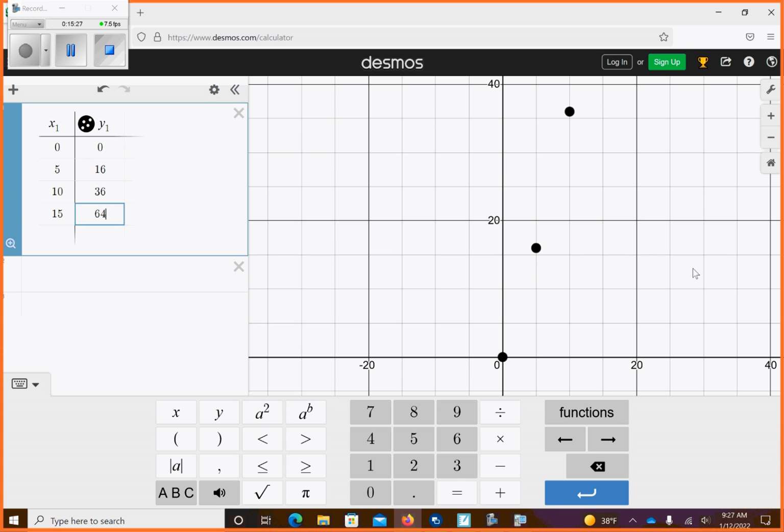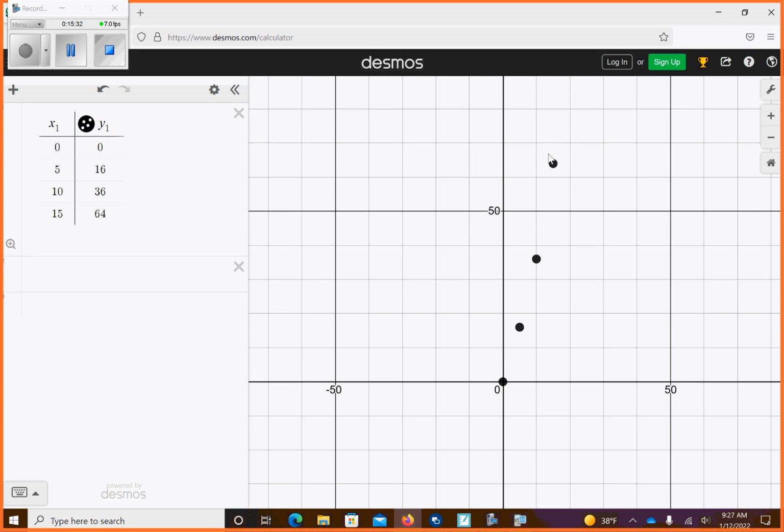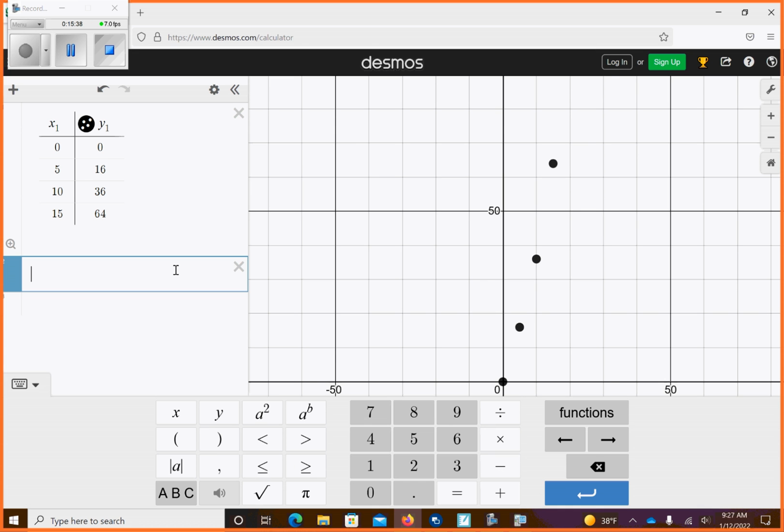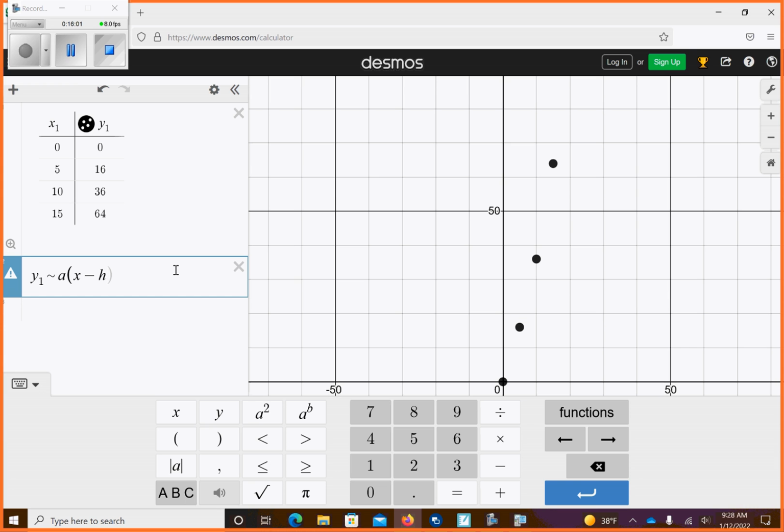Okay, and again, I can get this. So this is starting to show a little bit of a curve. So if I went, this should form a parabola. Okay, so if I go y1 tilde, the standard form of a parabola is a times x minus h quantity squared plus k.